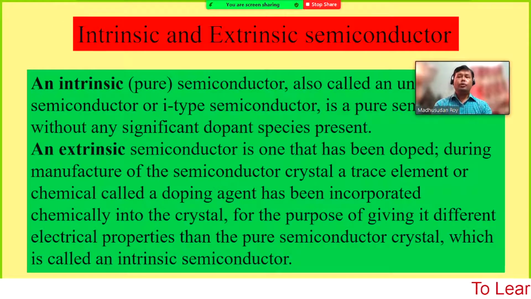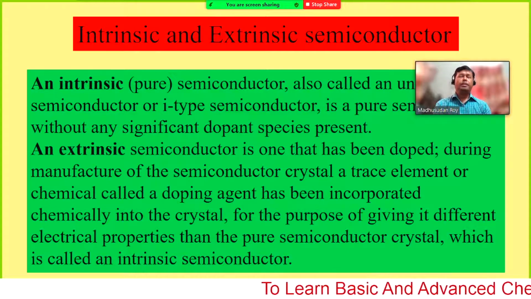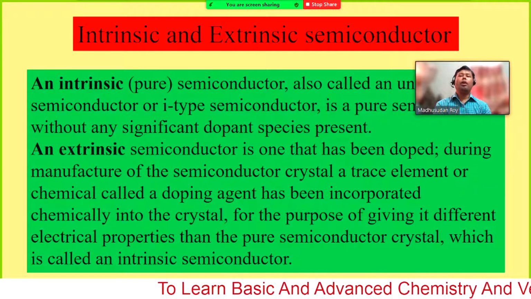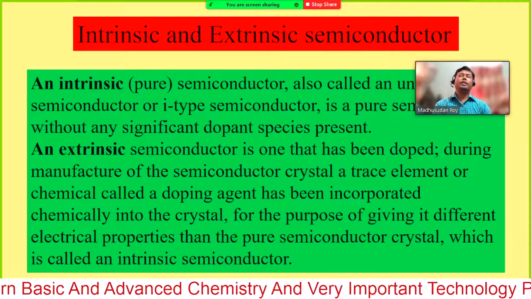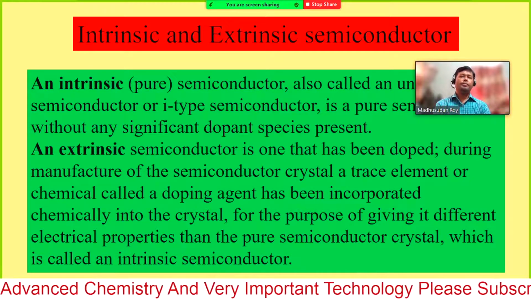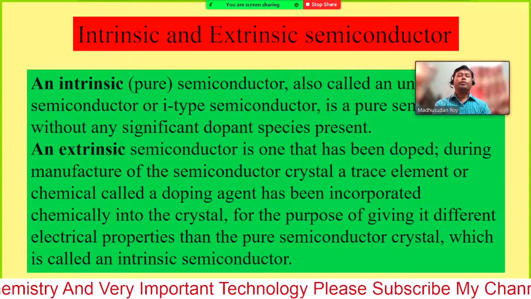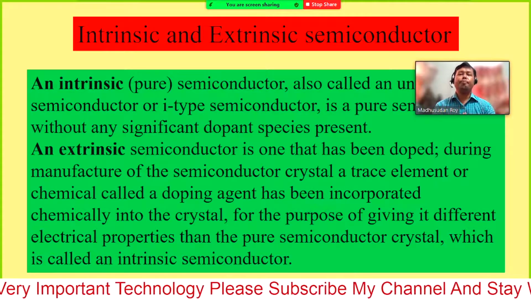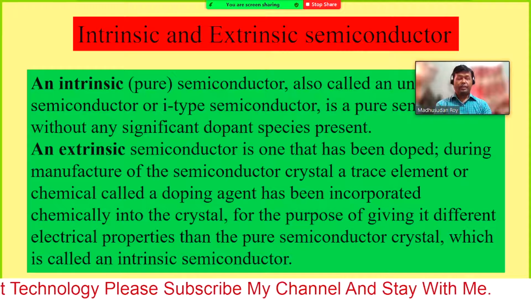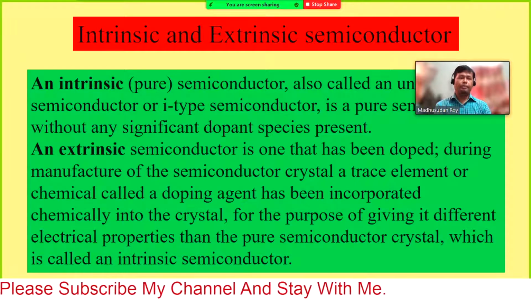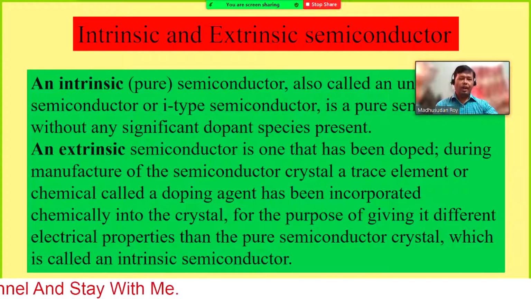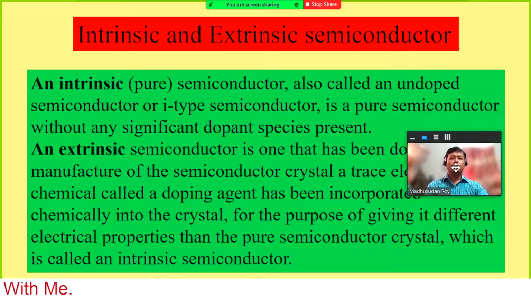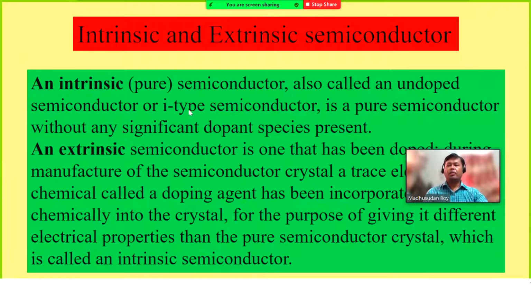Okay, now what is intrinsic and extrinsic semiconductor? Intrinsic means 100% pure, with no outside material. If you consider silicon or germanium, and there is nothing else except the pure semiconductor, that is known as an intrinsic semiconductor, that means a pure or undoped semiconductor, or I type.